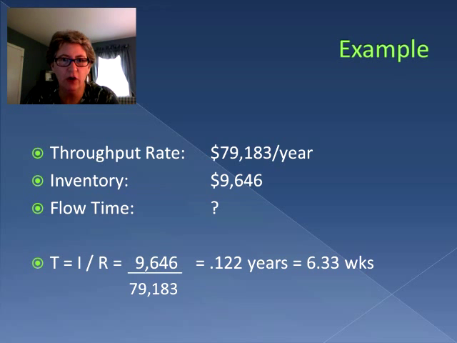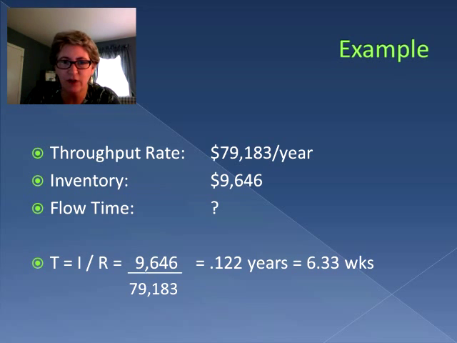At the end of the year, we had $9,646 in inventory. So now to calculate the flow time, we just take our inventory and divide it by the throughput rate. And it gives us 0.122 years. Remember, our throughput rate was in dollars per year, so our flow time is in years as well, because our unit of time has to match.